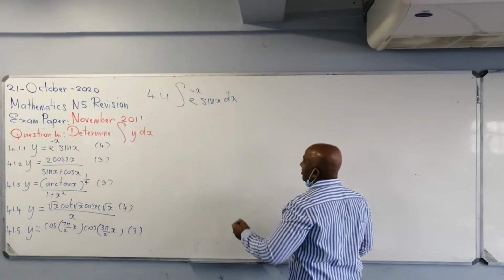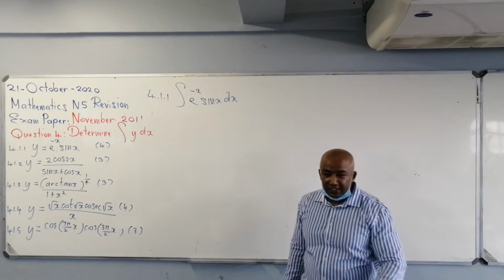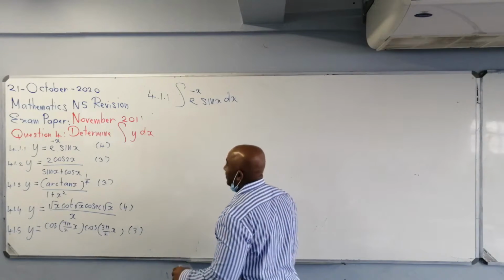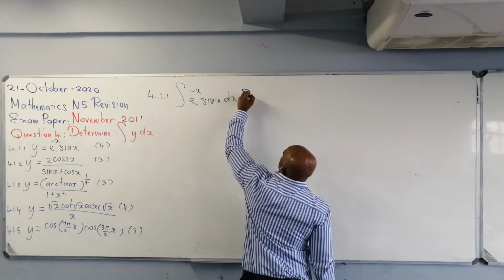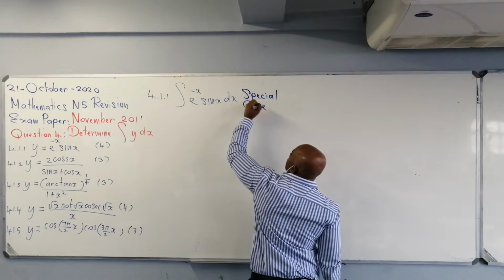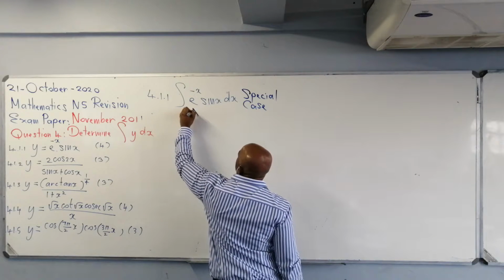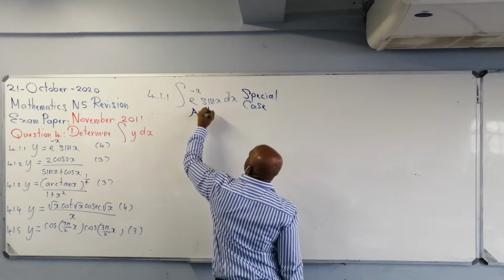You should be happy when you see something like this because you're only using the formula twice, and there's one way to deal with this. So this is the special case. Apply the formula twice.